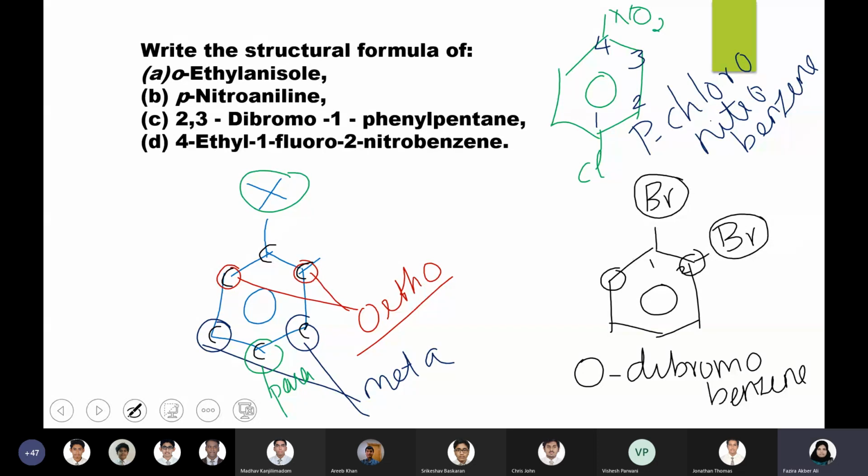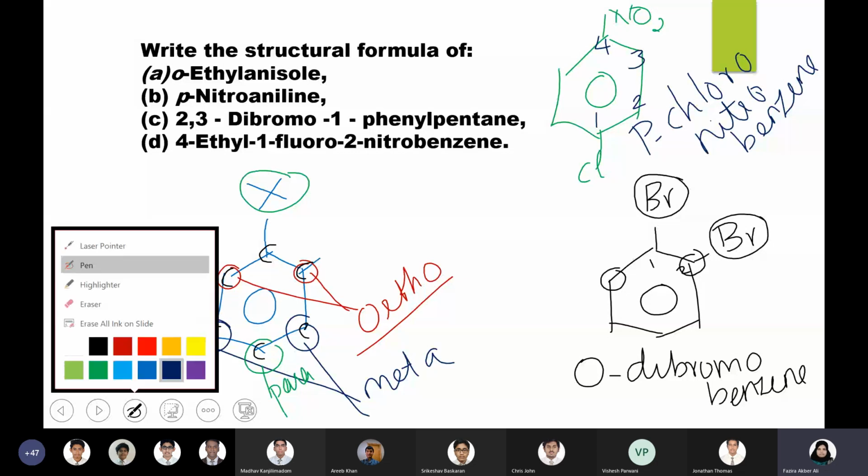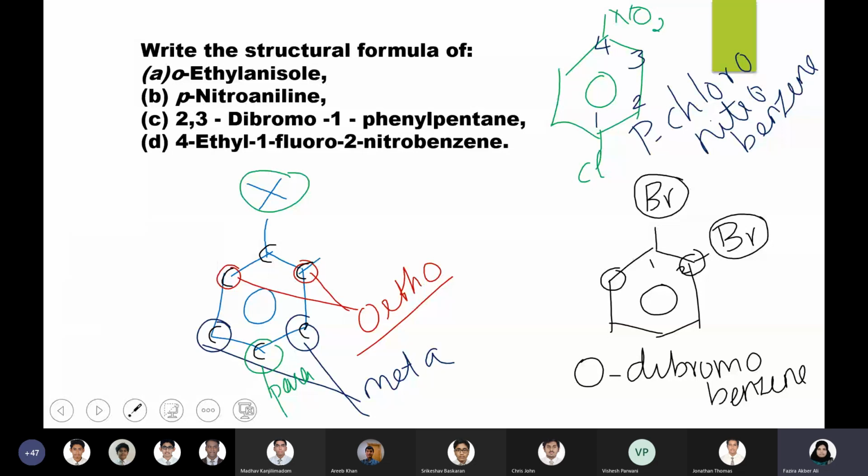So in the common name system, you don't have to worry about numbering. It is just looking into the position between the substituents, you can name the compound. So only need to understand what ortho means, that is the only point to understand in this naming. Ortho means if this is the main carbon, then if it comes on either side, the adjacent position, that is ortho.